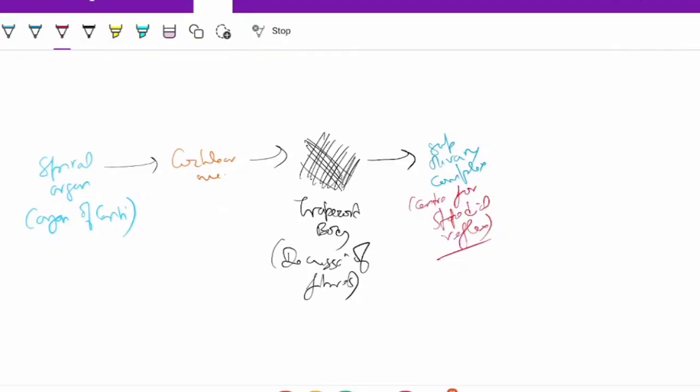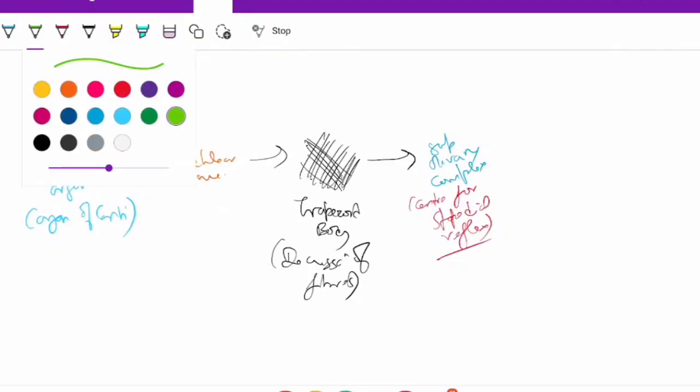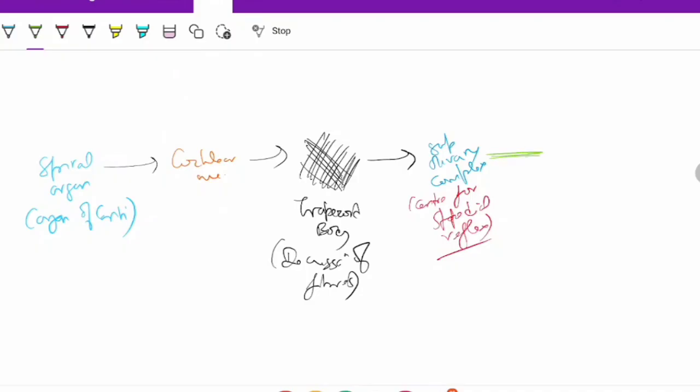From the superior olivary complex, there is a special group of fibers which go up, and these fibers are known as the lateral lemniscus.